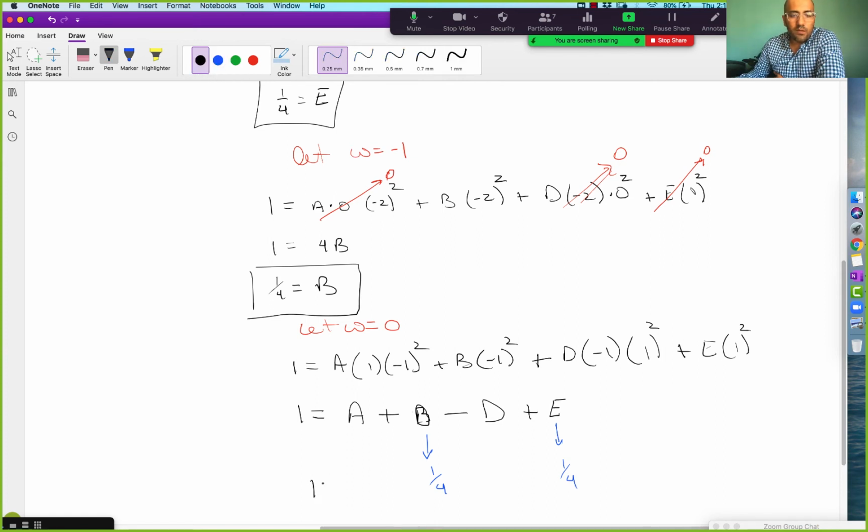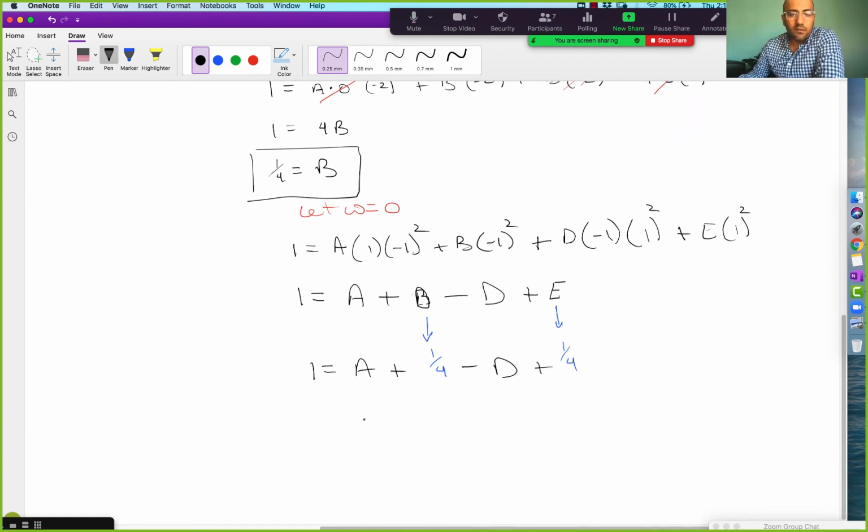We get that 1 equals A plus 1/4 minus D plus 1/4. 1/4 plus 1/4 is 1/2. So we get 1 equals A minus D plus 1/2.